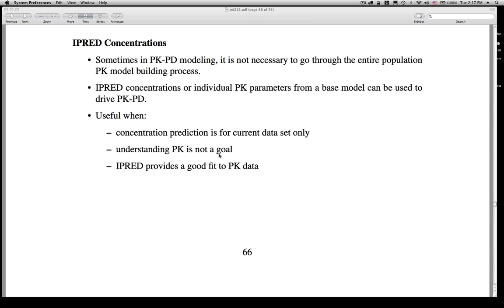That can be a useful shortcut when your goal is to predict concentrations for the current data set only, so we're not really concerned about understanding the effect of covariates to predict into a future data set. Understanding the factors of PK variability is not a goal. And of course, where the individual concentration prediction provides a good fit to the PK data. If you're in those situations, it might be suitable to just build a simple PK model, estimate individual predicted exposures, and then run the PK-PD relationship.